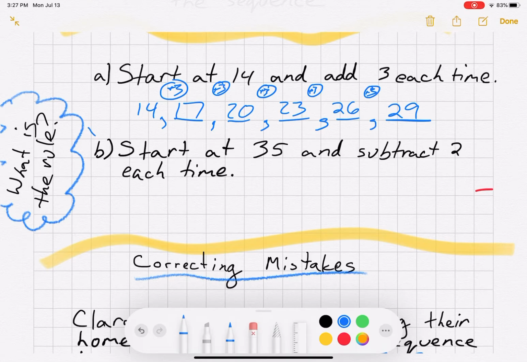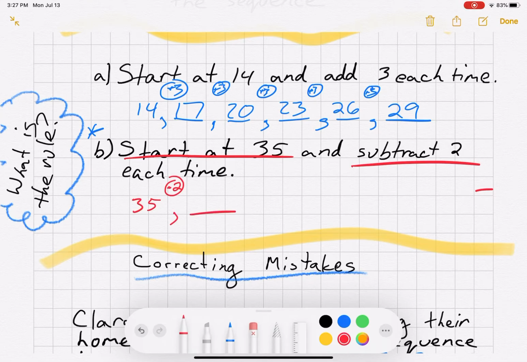All right, I'd like you to try to do B by yourself. And your first question you're going to ask yourself is, is this number going to get bigger or smaller? Pause the video. Okay, so if you start at 35, that's the rule, and I'm going to subtract 2 each time. So I am subtracting, which is minus.